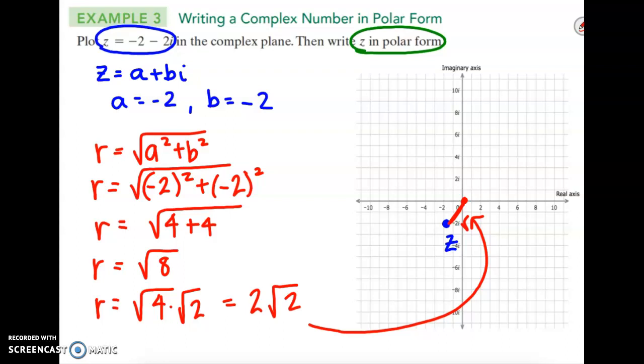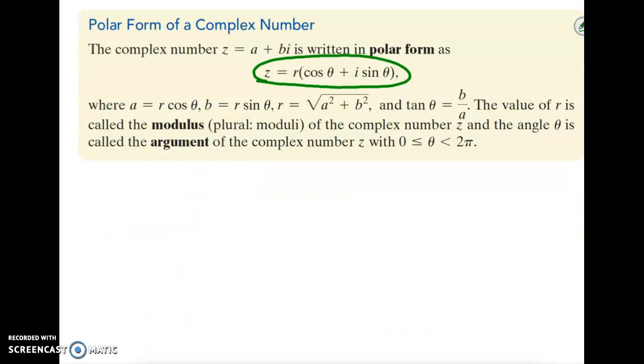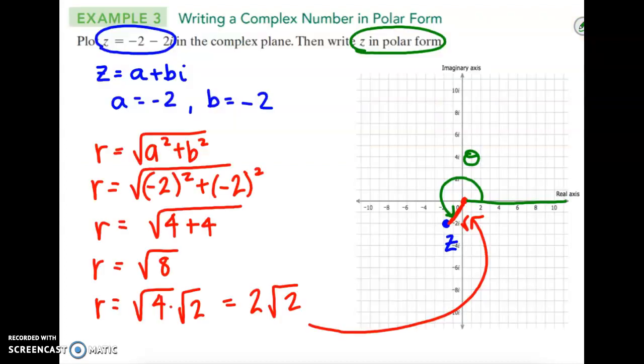All right, the next part is we need to find out what is the angle, so we start with our real axes, and that distance around that angle theta. Going back to our yellow slide here, to find the angle, we're going to use that tangent of theta equals B over A. I'm just going to go ahead and extend this page.